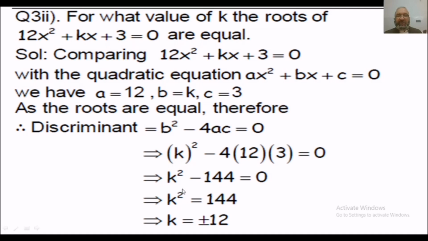Simplifying, k square minus 4 3s are 12 and 12 2s are 144. k square minus 144 is equal to 0, which implies k square is equal to 144. Transferring minus 144 to the right side and taking square root on both sides, the square root of k square becomes k and the square root of 144 becomes plus minus 12. Thus we get the value of k is equal to plus minus 12.